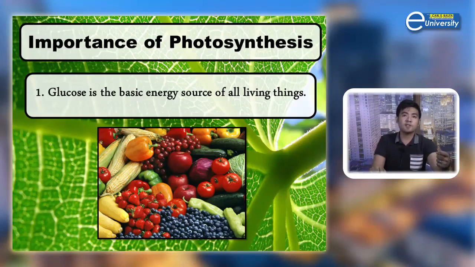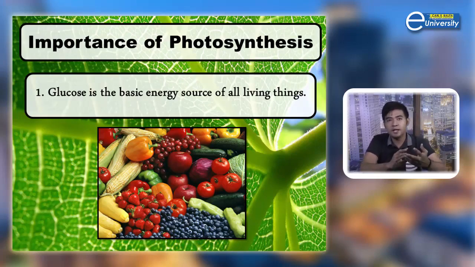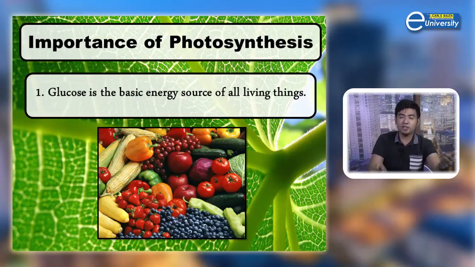So, in the illustration or picture, we have here the different kinds of vegetables and fruits. We all know that fruit and vegetables are good sources of glucose because they are products of plants. So, through the process of digestion, animals can derive glucose from those foods and materials.